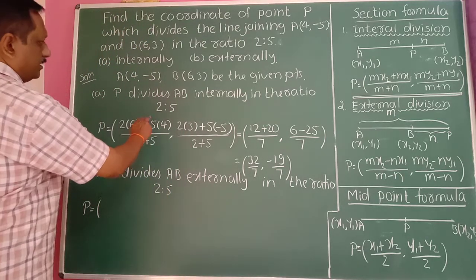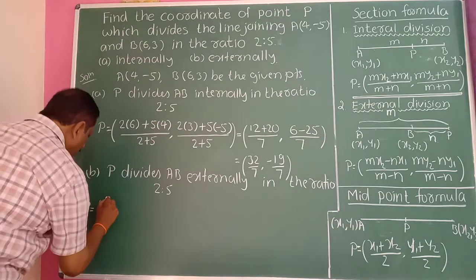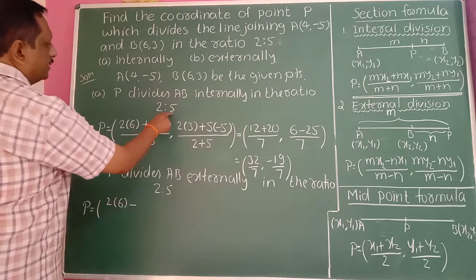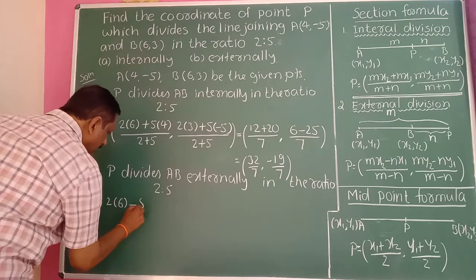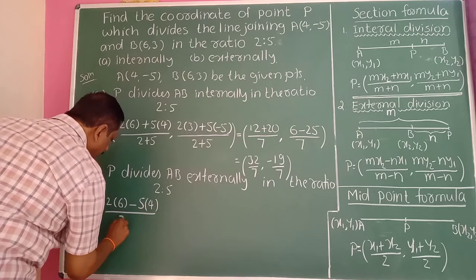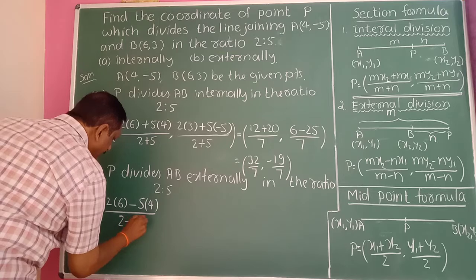Okay, therefore 2 into 6, then minus 5 into 4, divided by 2 minus 5.